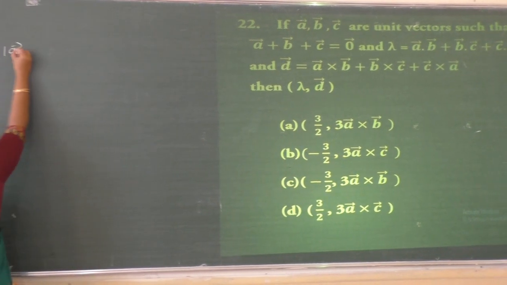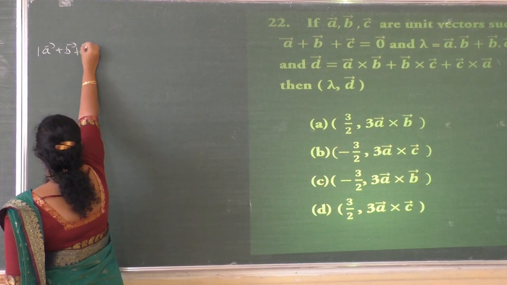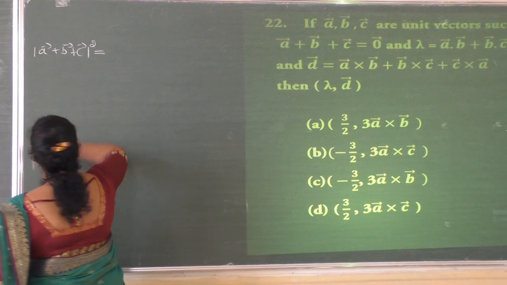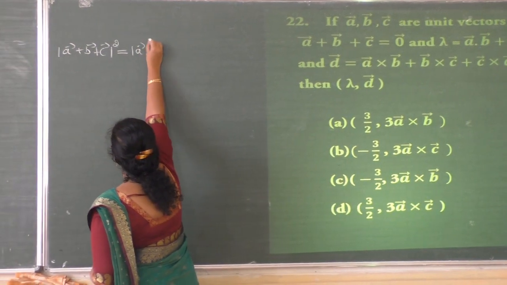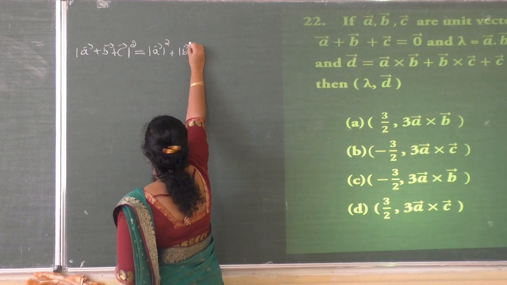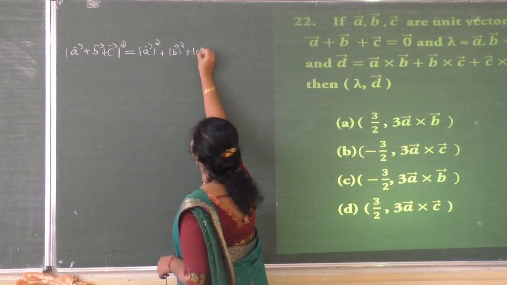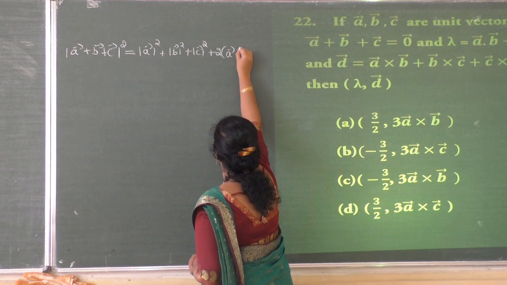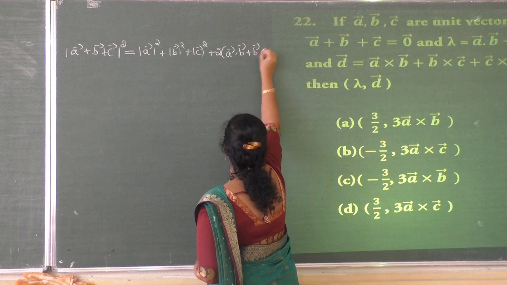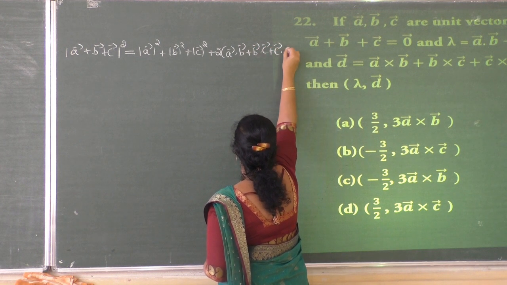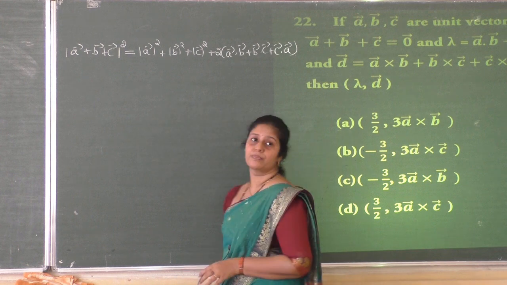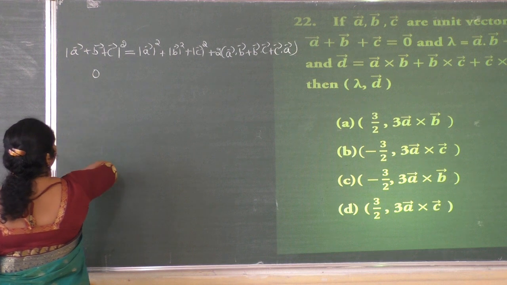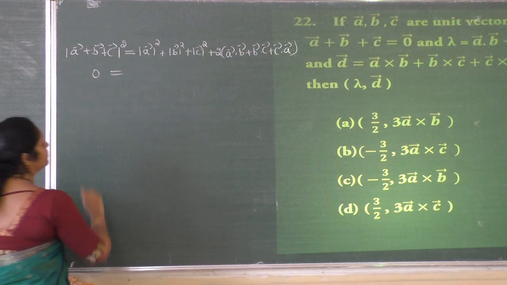So we have this formula: magnitude of vector A plus vector B plus vector C whole square equals magnitude of A square plus magnitude of vector B square plus magnitude of vector C square plus 2 into vector A dot vector B plus vector B dot vector C plus vector C dot vector A. Now the sum of the three vectors is the 0 vector, so the left hand side is 0.